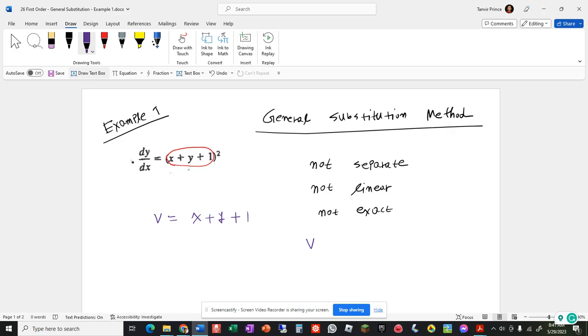Here you're thinking of v as a function of x, because remember at the end of the day your y is a function of x. So the whole thing on the right hand side is actually a function of x. So here v is a function of x. And because y is unknown, v is also unknown.